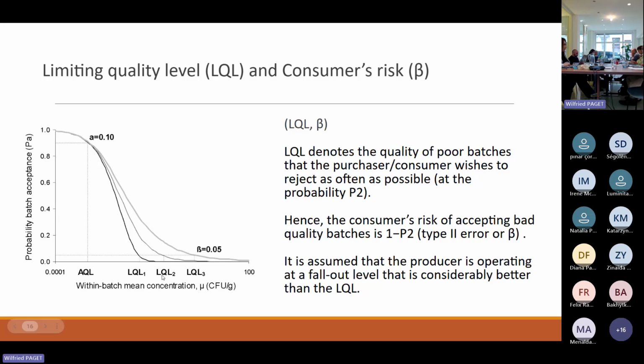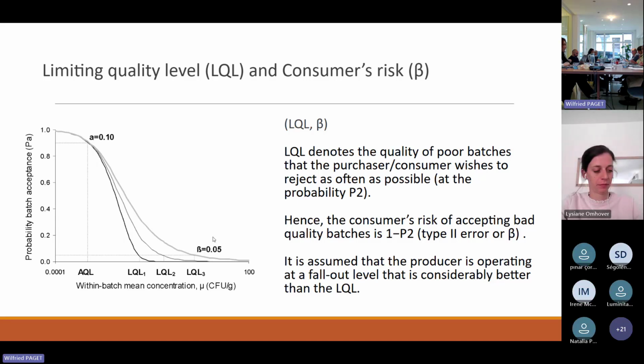The sampling plan should be able to catch this lot. For example, if we set beta, the consumer risk, to 5%, we are saying that this limiting quality level must be spotted with a confidence of 95%.